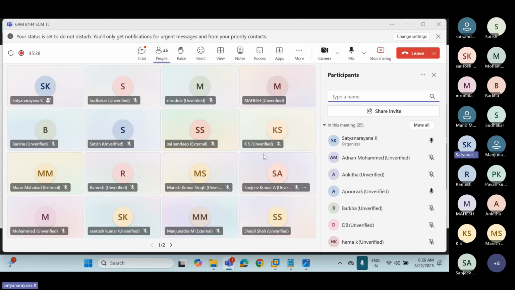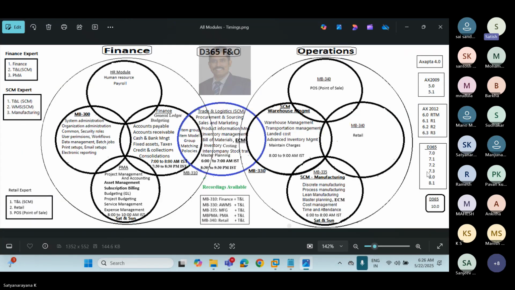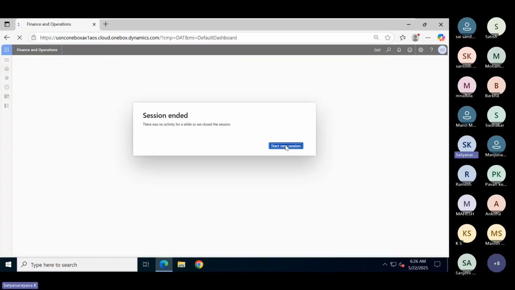Any more questions, please? Hello, sir. Morning, sir. This is Satish. Sir, can we attend practical sessions in any institute? Can you give that number? Sorry, which one? To attend practical sessions daily, can you give the institute number in Kukatpally? It is not a practical session. It is environment, application, installation. It is not an institute.